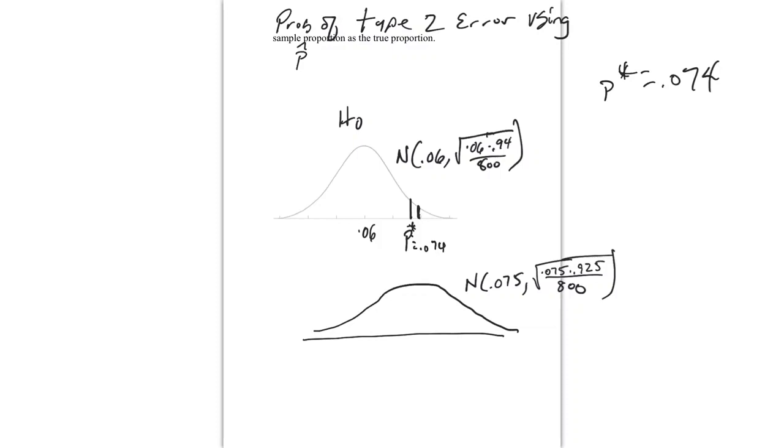If I draw this down to this value, I'll change this to red, then this is 0.075, and 0.074 is to the left of that. And 0.074 is our reject value, right here. I'll change that to blue.